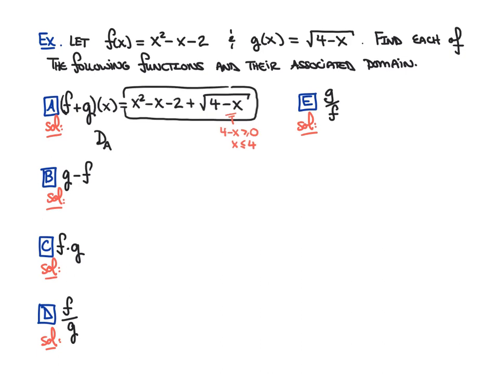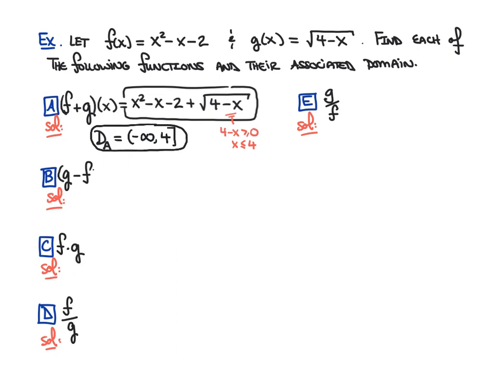And any other point bigger than 4 is not going to work in that square root. So in the first part, the x squared minus x minus 2 has no domain restriction. So in terms of expressing the domain, I'm going to do it as an interval. It's going to go from minus infinity up to 4 and including 4. That would be our domain for part A.